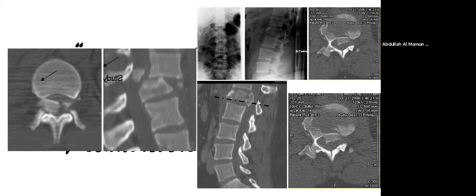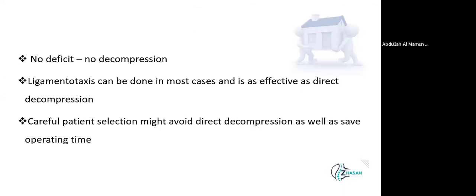Okay. So if we have a patient with a thoracolumbar spine injury and there is no deficit, we don't have to do any kind of direct decompression. Indirect decompression is sufficient, ligamentotaxis can be done in most cases, and it is as effective as direct decompression.